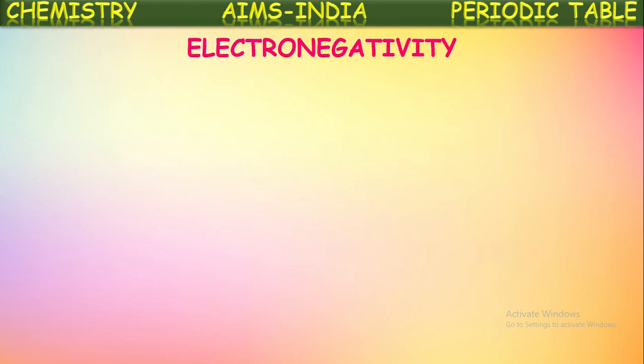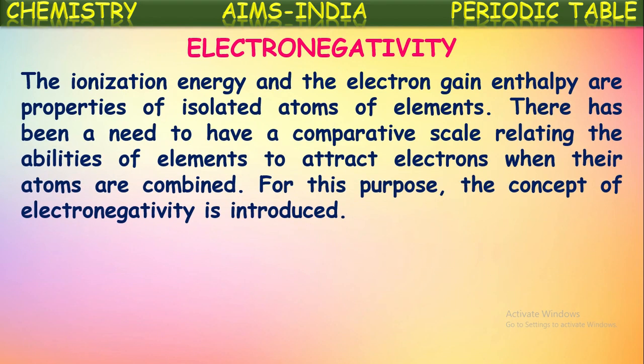Next property of elements is electronegativity. The ionization energy and the electron gain enthalpy are the properties of the isolated atoms of the elements. There has been a need to have a comparative scale relating the abilities of the elements to attract electrons when their atoms are combined.